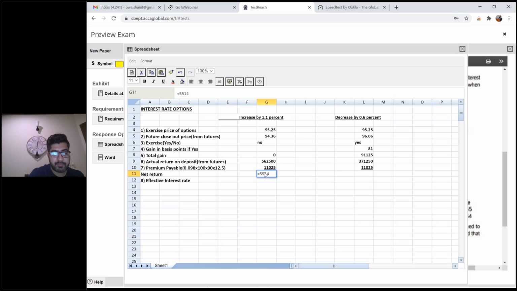But gain increases return, therefore added. So finally, 371250 minus 11025 plus 91125. It's 451350.